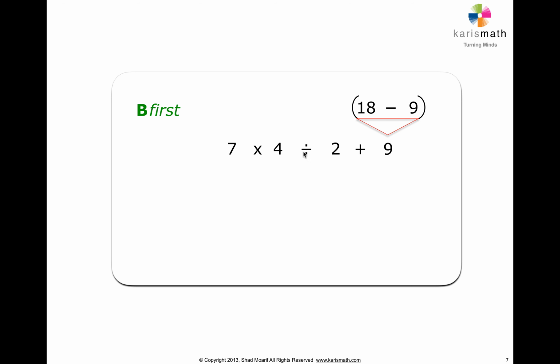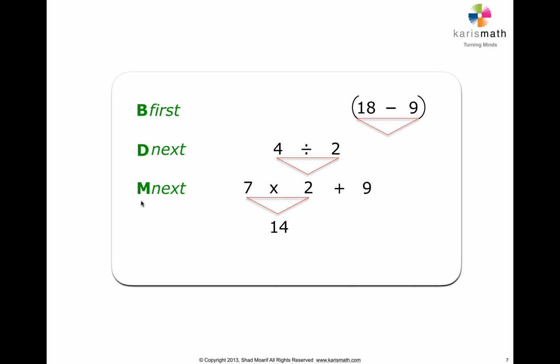Okay, so we'll do this pair. And what's the answer? The answer is 2. So now we have 7 times 2 plus 9. What do we do next? Divide. After that comes multiply. So we'll do this pair. Okay, good. So the answer is 14. And now we just do add. That's all that's left to do. And the answer is 23.